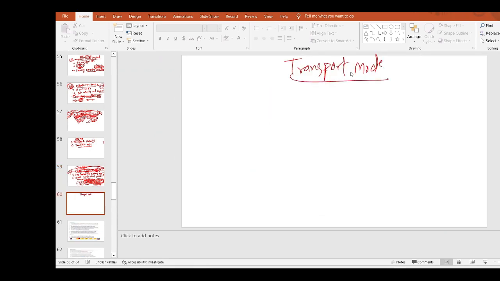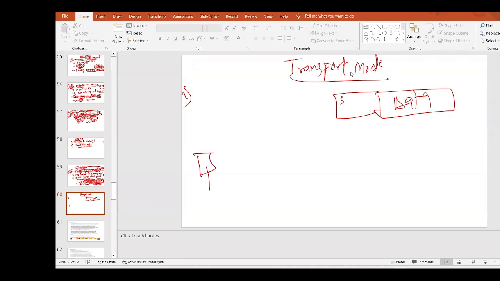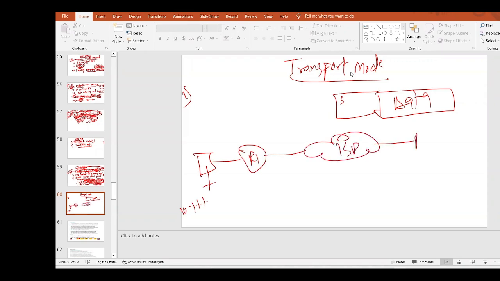What is transport mode, guys? First, I'm explaining here. This is my data, or my original packet. The diagram is the same: 10.1.1.1, router 1, ISP, router 2, PC 10.2.2.2.